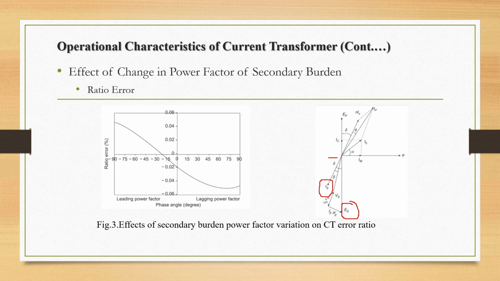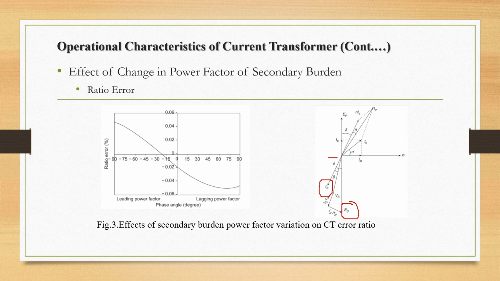So when it is lagging in nature, this will be positive. If this is positive, the transformation ratio is always greater than the turns ratio, so the difference will be negative. So the ratio error will always be negative for lagging power factor.